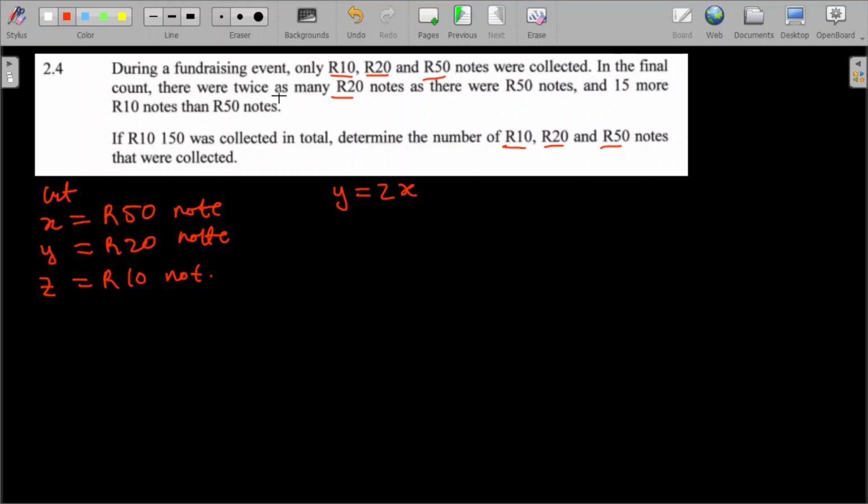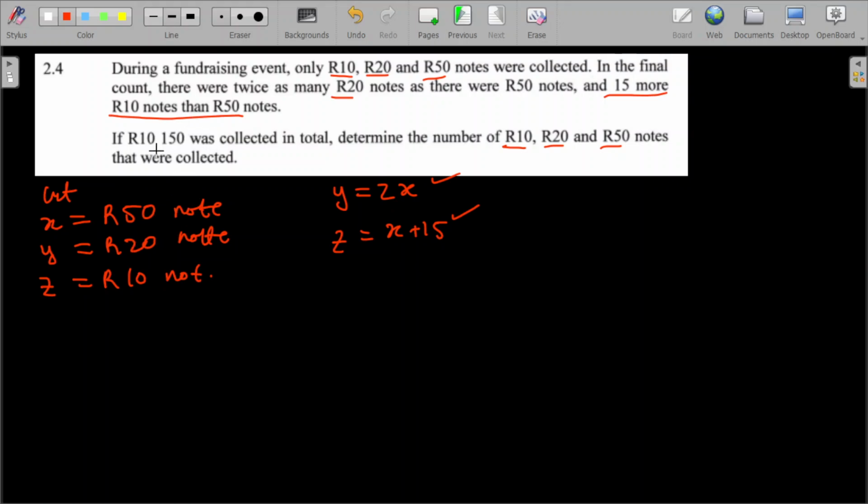And then I can say z is equal to, now this is very important, there were 15 more 10 Rand notes than 50 Rand notes. So here I can say this is x plus 15, based on that statement. The first statement gives us this equation, and the other one, 15 more 10 Rand notes than 50 Rand notes, gives me this statement.